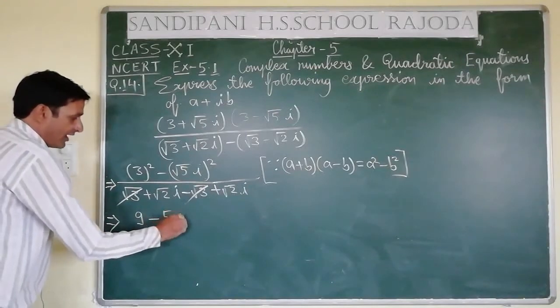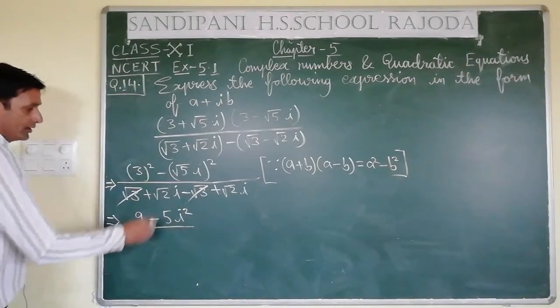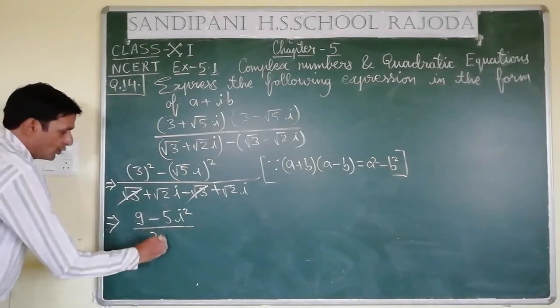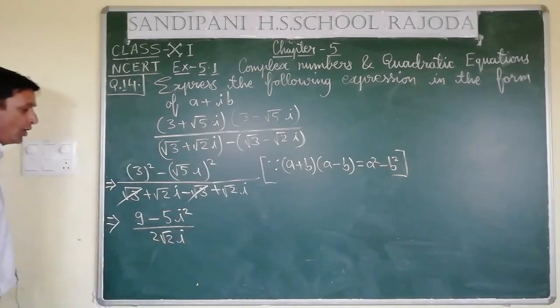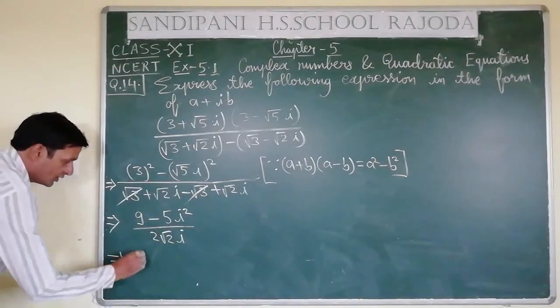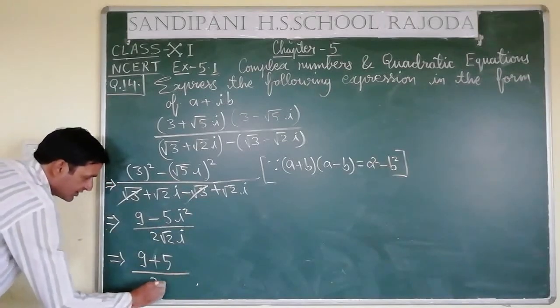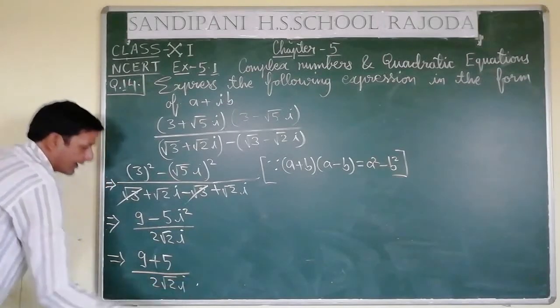So it will be 5i square upon root 2i plus root 2i, which means 2 root 2i. Now the value of i square is minus 1. So we may write now 9 plus 5 in the numerator, and in the denominator it is 2 root 2i.